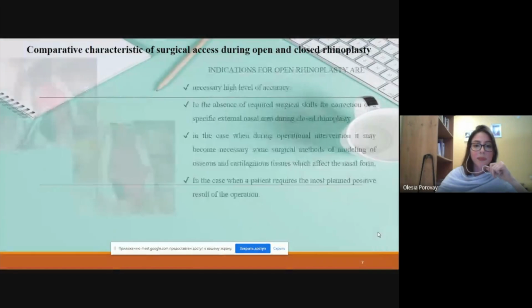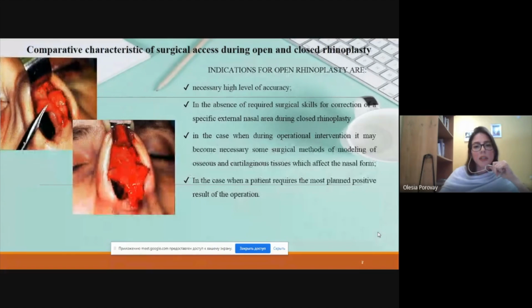The next slide shows us the indications for open rhinoplasty. Definitely, open rhinoplasty should be the basic method for beginners in the rhinoplasty area, and only after improving surgical skills and with sufficient experience could every surgeon move on to closed types of rhinoplasty.